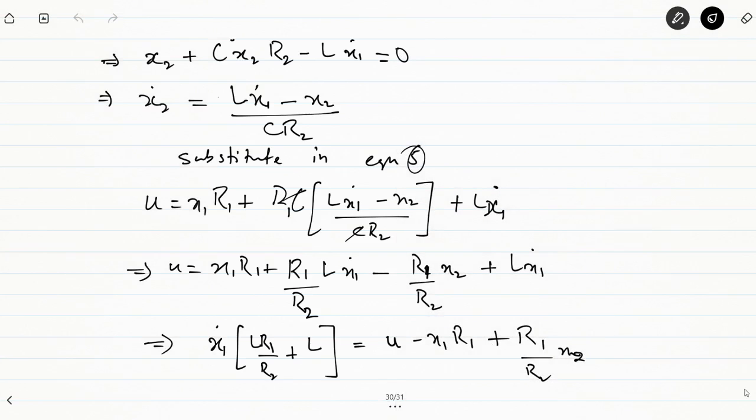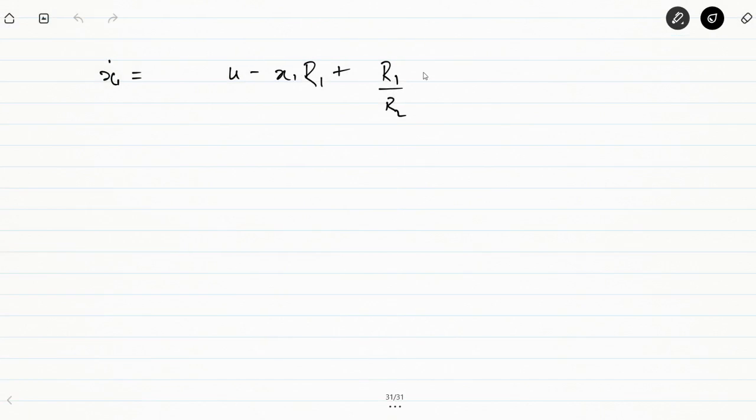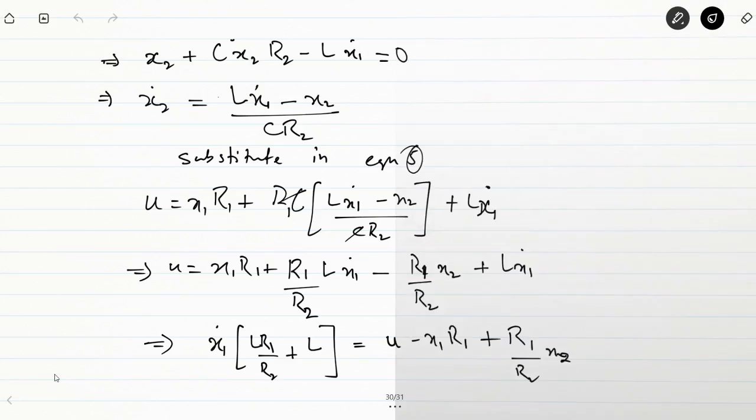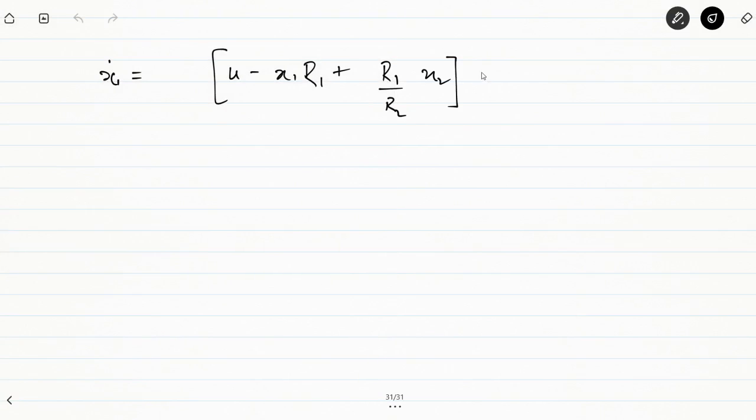You will be getting u minus x1 R1 plus R1 by R2 times x2, whole divided by L R1 by R2 plus L. So this is x1 dot.